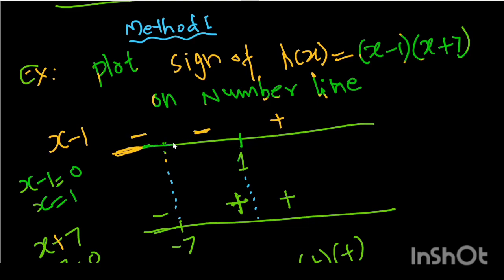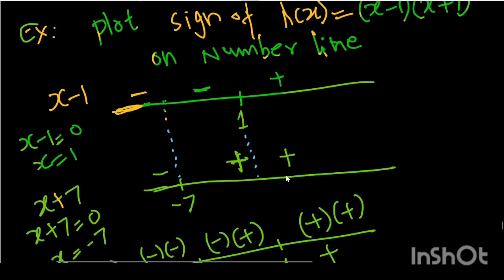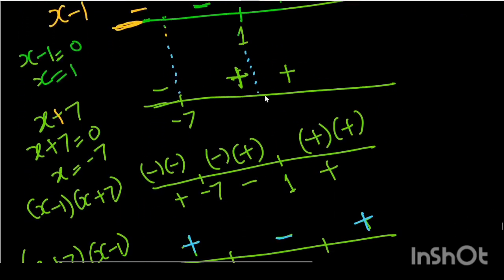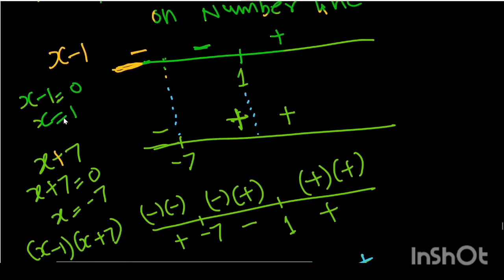Okay, so we plotted this linear factor x minus 1 followed by the next linear factor x plus 7, which was equated to 0 and gave minus 7, again plus minus we plotted. Now from 1 we dropped perpendicular, okay, from minus 7 also we dropped perpendicular.